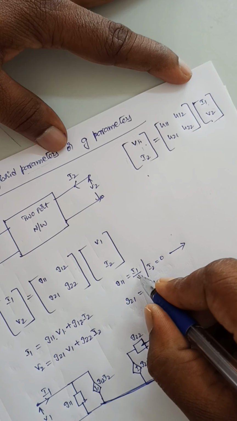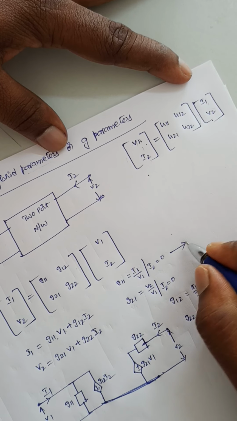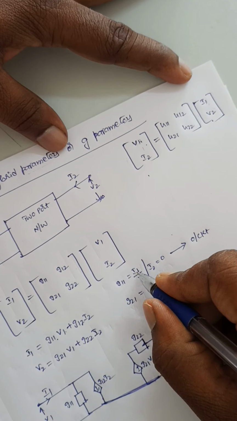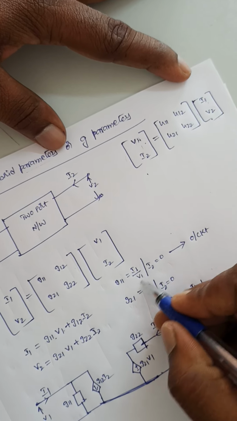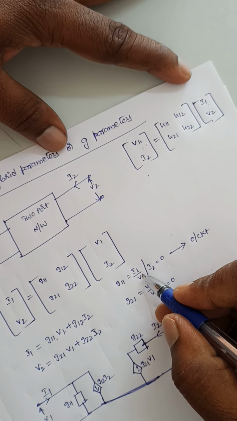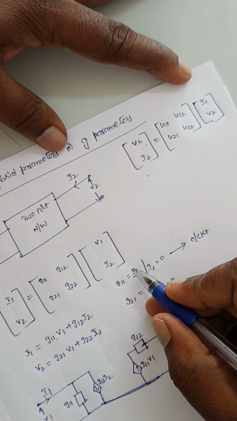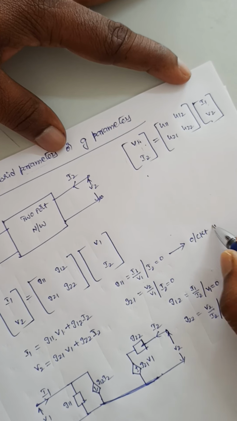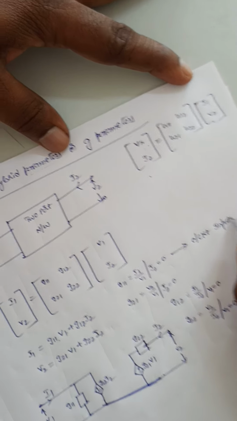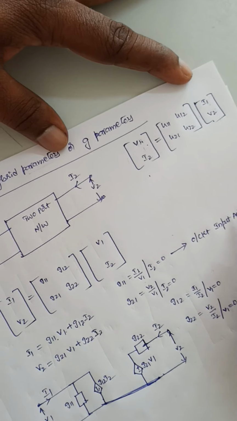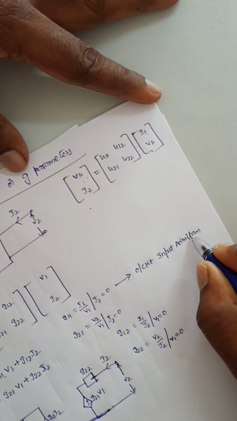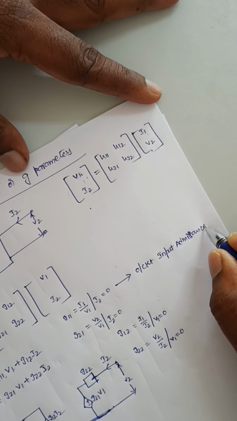Since it is open circuited, I by V is admittance, and this is associated with the input port. So G11 is the open circuit input admittance.